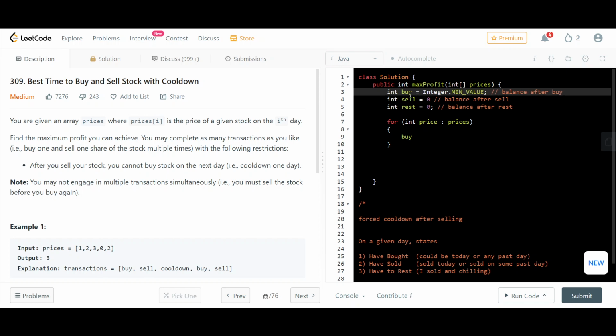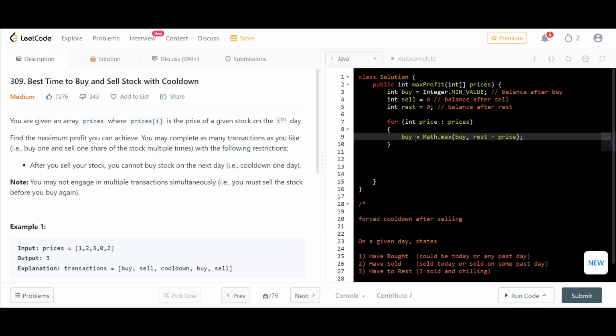The reason is that I want to take the max of either whatever I have already bought or I am buying now. And if I'm buying now, it would be after the last rest, because you can buy only after resting.